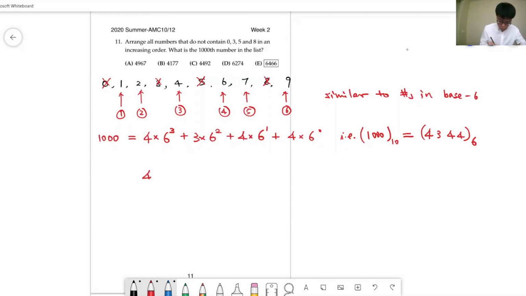This corresponds to 4, 3, 4, 4 in this sequence. Circle 4 corresponds to number 6. Circle 3 corresponds to number 4. And circle 4 again corresponds to 6. So the 1000th number in this sequence is just 6, 4, 6, 6. The answer is E.